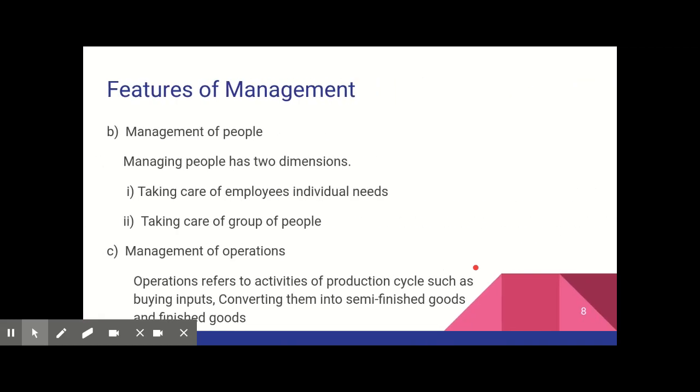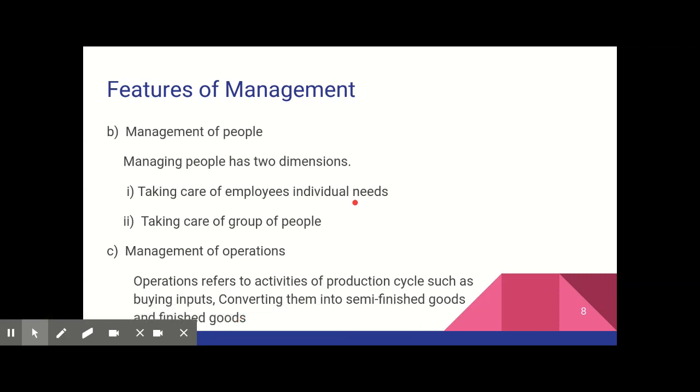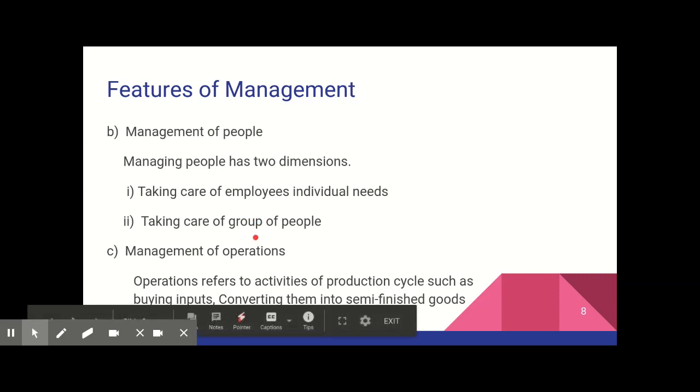Management of people is managing the human resource in an organization. Managing people has two dimensions. One is taking care of the employees' individual needs, like whether they are given proper remuneration to meet the standard of living, whether they are paid reasonably, and the other is taking care of the employees as a group.